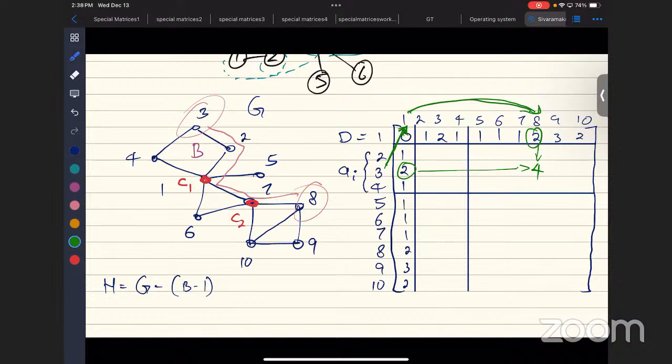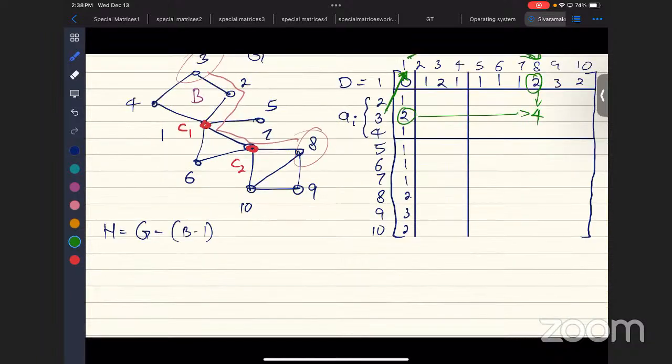Okay. So in this case, another one is you have two sets.